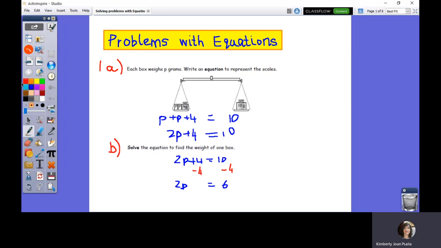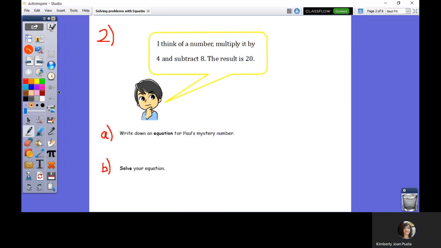Since 2p is equal to 6, then we have to divide by 2 on both sides to find the value of 1p. So this becomes 1p, 6 divided by 2 gives us 3. So the value of the box here, which is called P, is equal to 3 grams. Okay, so there you have your first answer.